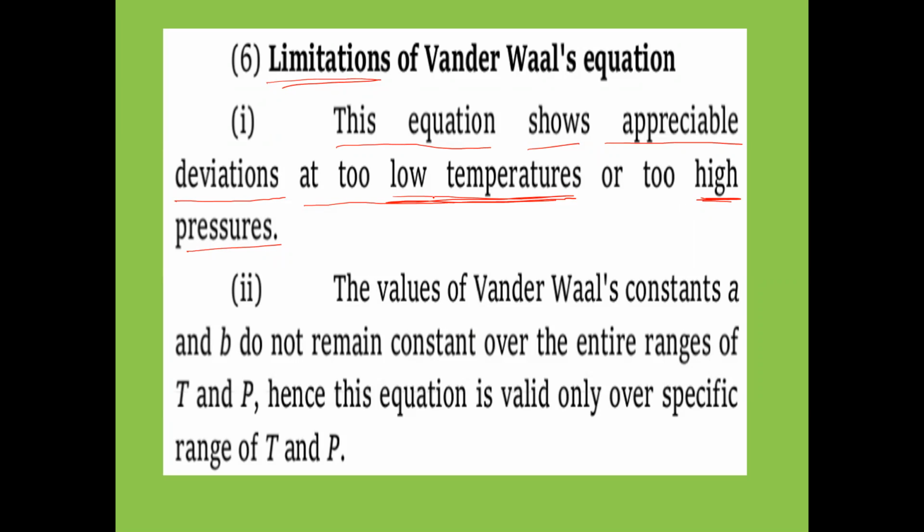Under these conditions, real gases deviate to the maximum extent. So the maximum extent of deviation will be shown by real gases at very low temperature and very high pressure.